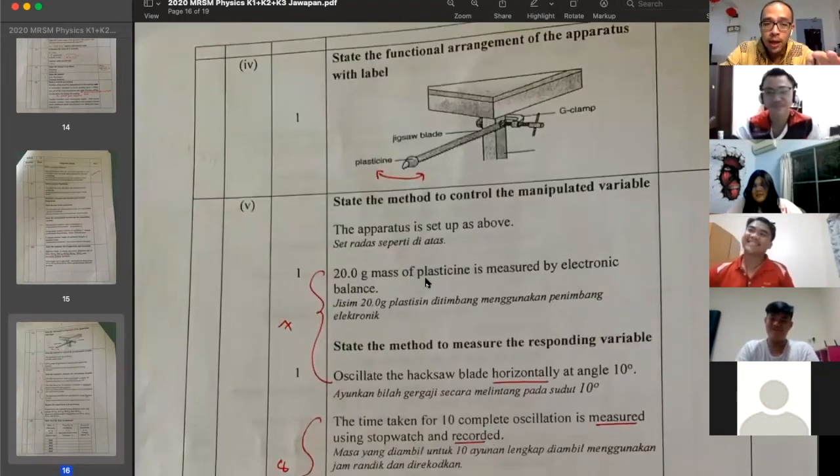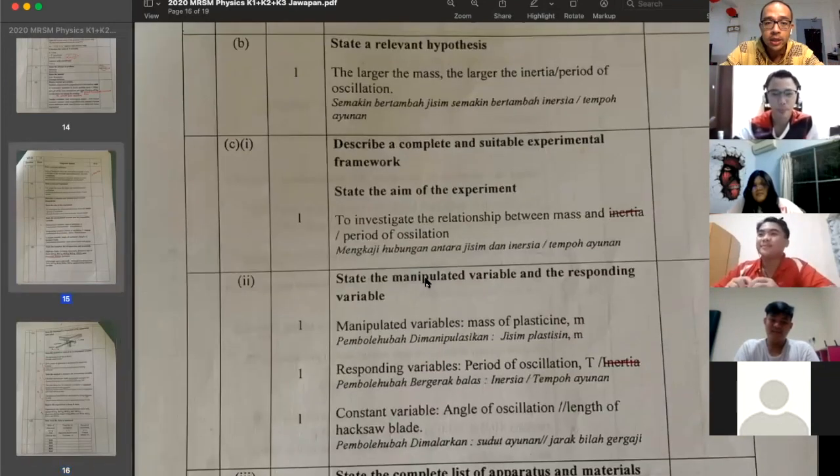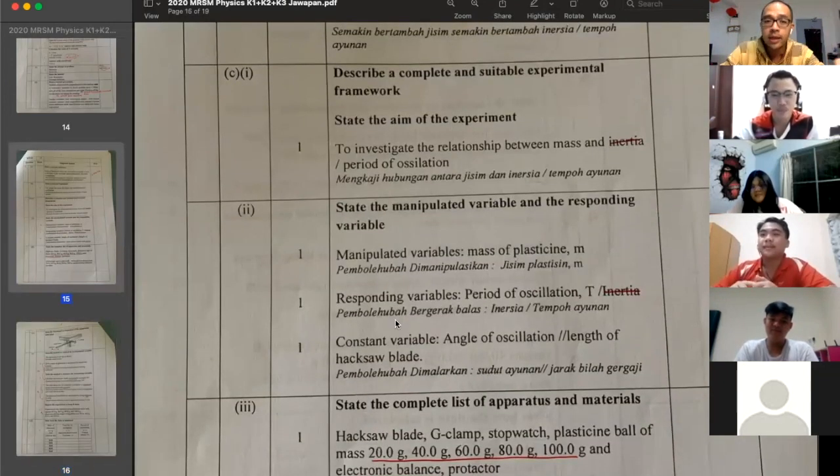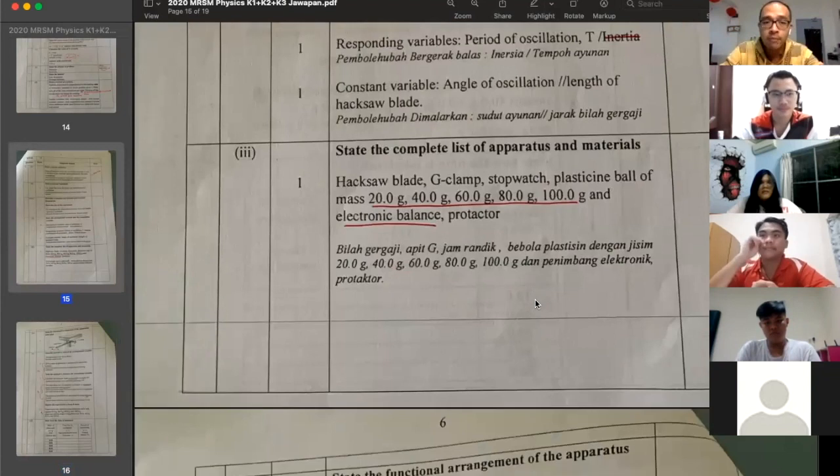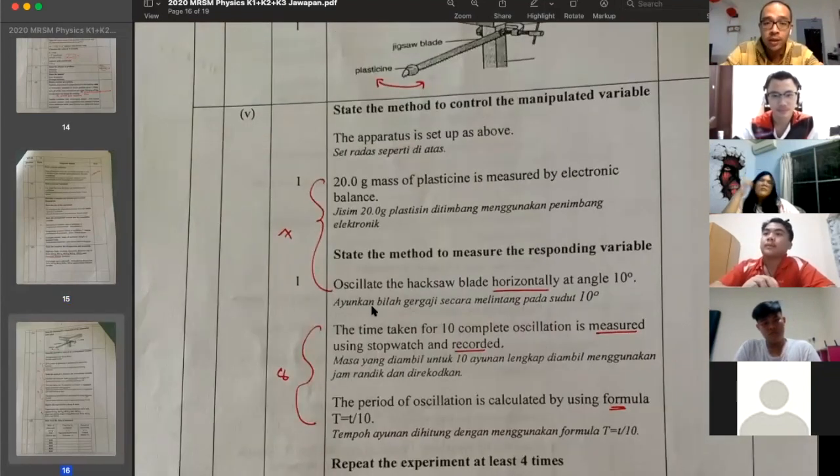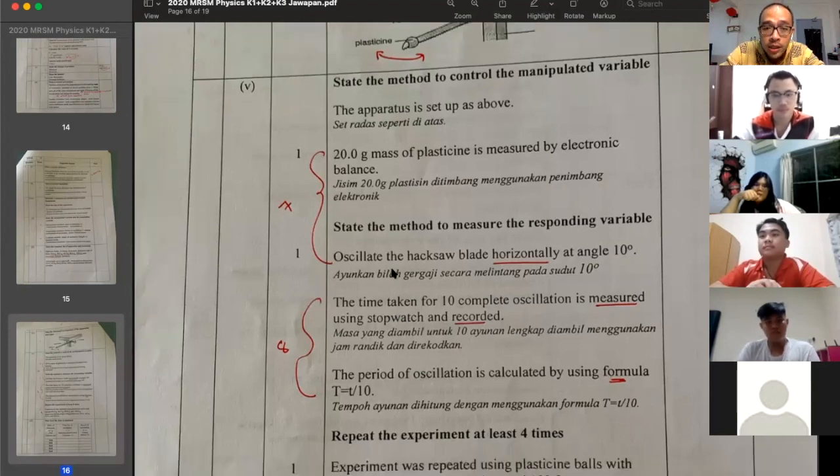So what you change is the mass. The one that you change is the mass, and the responding variable is the period of oscillation, also known as inertia. You can also write inertia if you want, but you have to make sure that you write the operational definition. Inertia is represented by the time taken for how many oscillations? Oh, here, 10 complete oscillations, measured using the stopwatch and recorded.